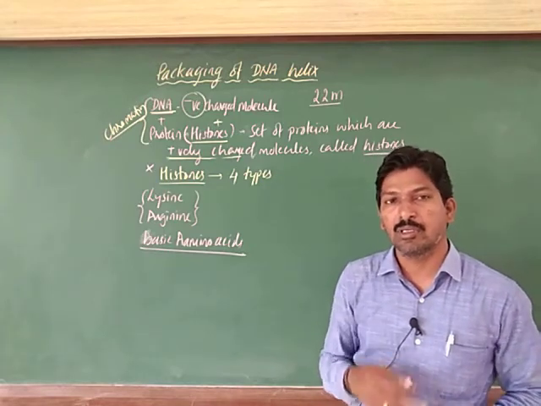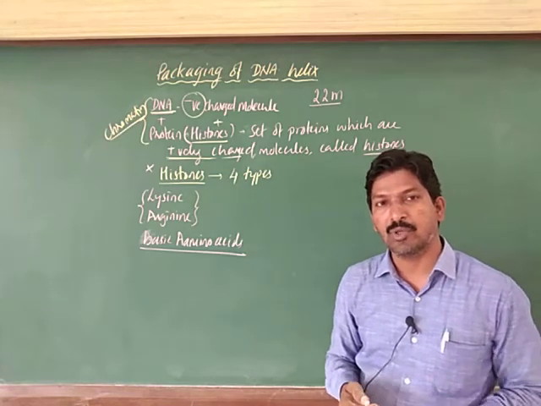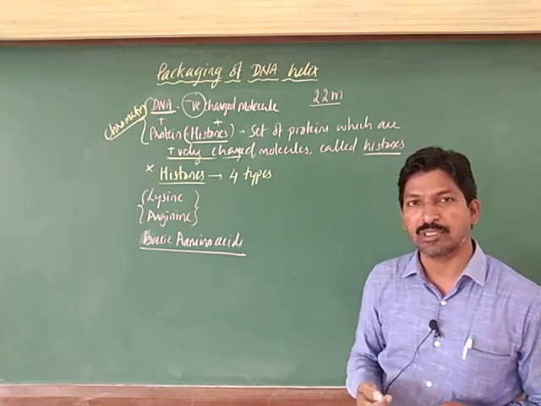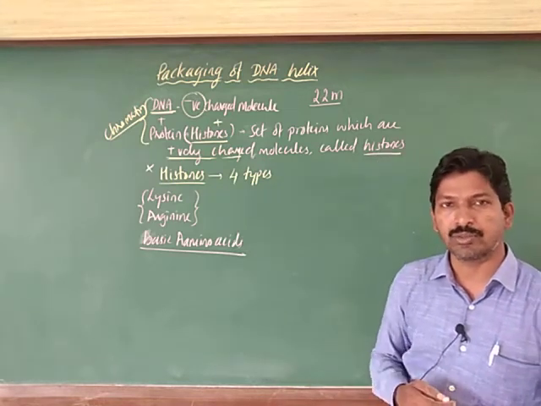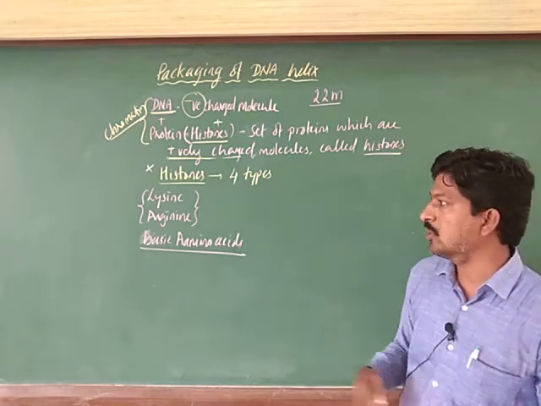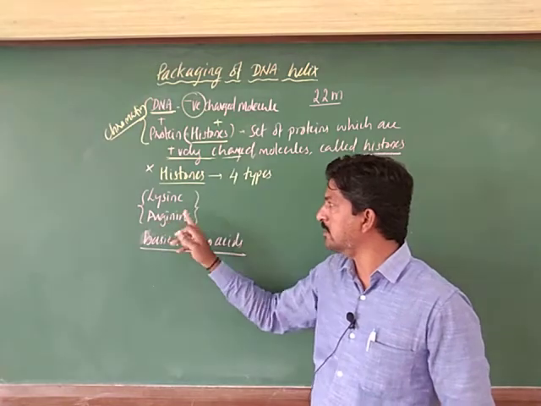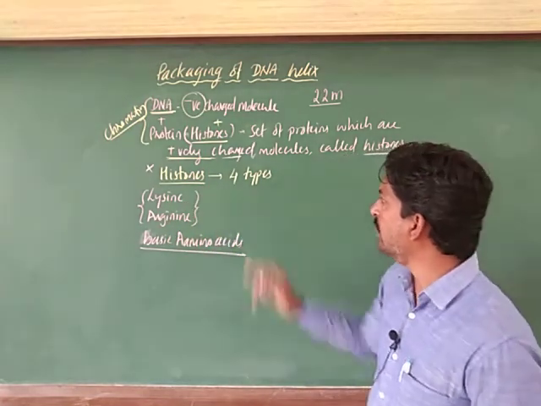In first year, we studied types of amino acids, essential amino acids, non-essential amino acids. There are 20 amino acids which make the different proteins. We also discussed that in protein synthesis, understood. So remember, lysine and arginine are the rich amino acids in histones. There are 4 types.